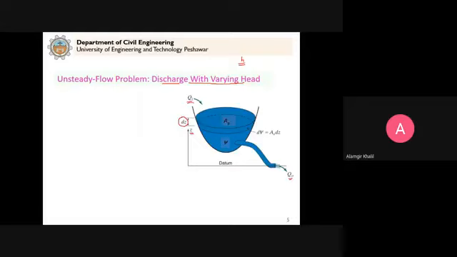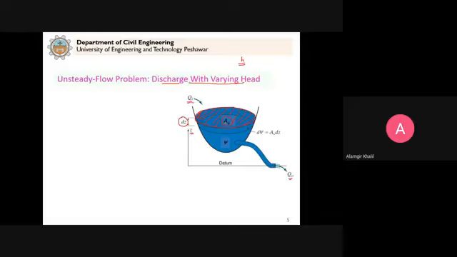Similarly, AS denotes the surface area. What is the surface area? Let's say I consider this water level. This is the surface area, denoted by AS.